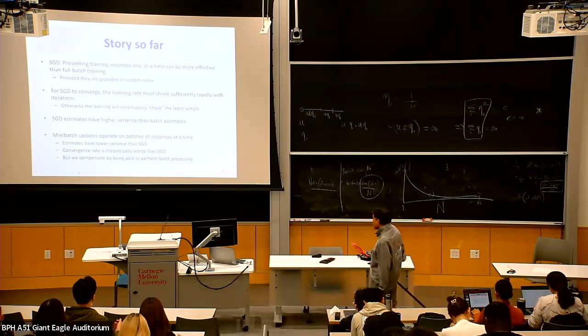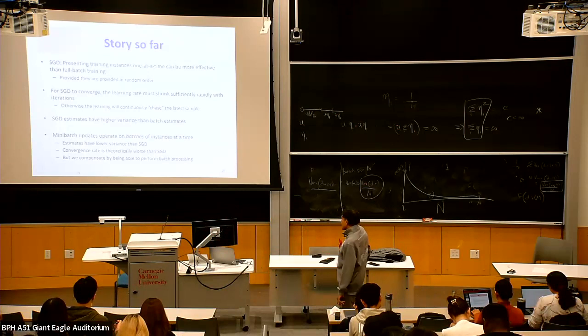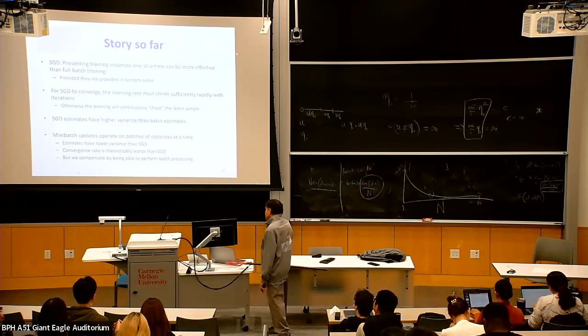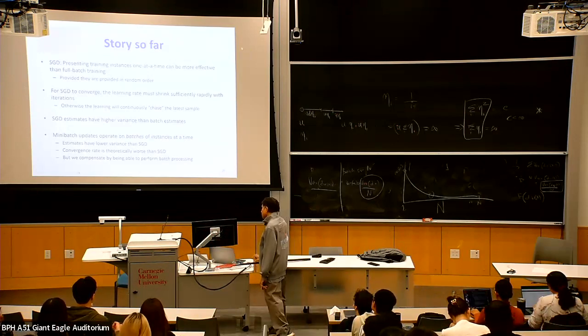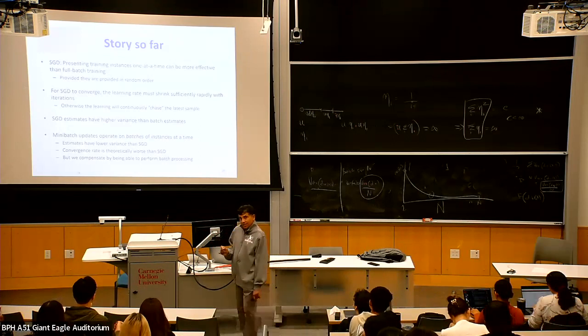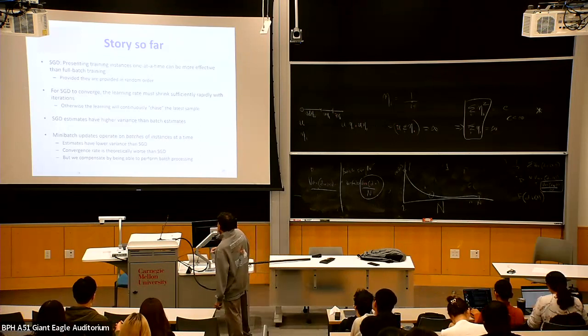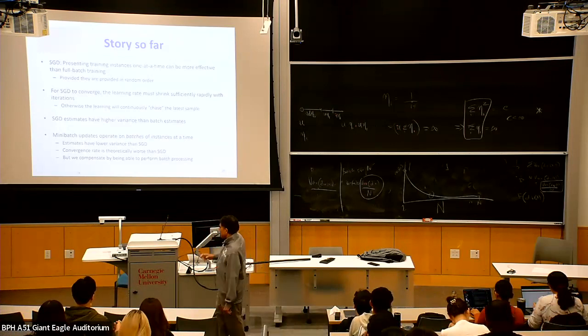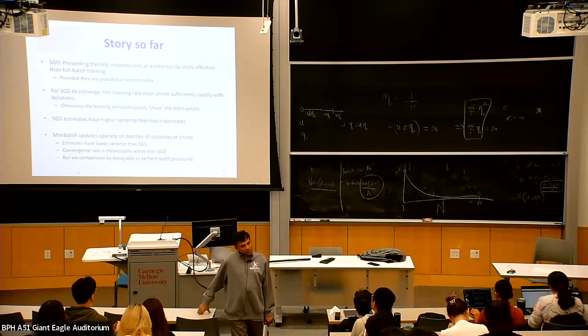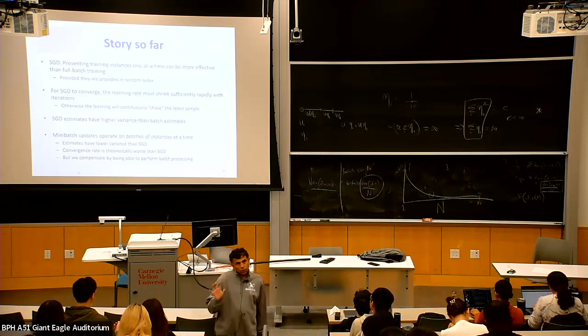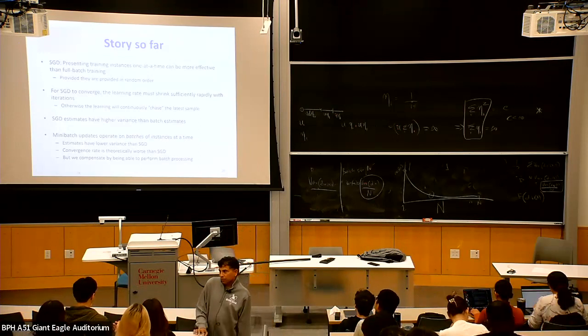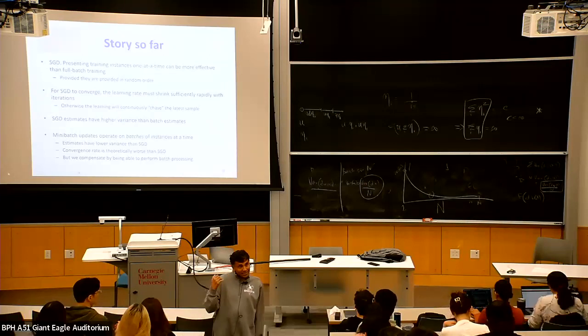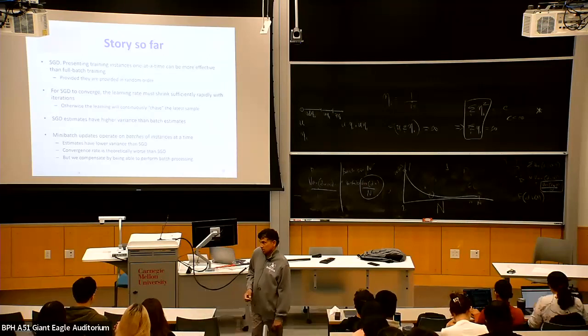SGD estimates have higher variance than batch estimates, and mini batch updates operate on batches of instances at a time. So these estimates have lower variance than SGD. Convergence rate is also theoretically worse than SGD if you actually work out the math, but then you are able to perform batch processing, so things actually work out. So the pictures I drew don't tell the mathematical story. The mathematical story is a little different, but in practice, what we observe follows the pictures that I just drew. Okay.